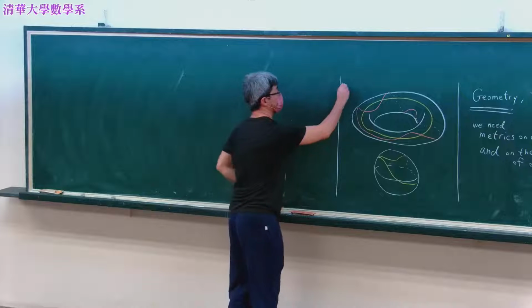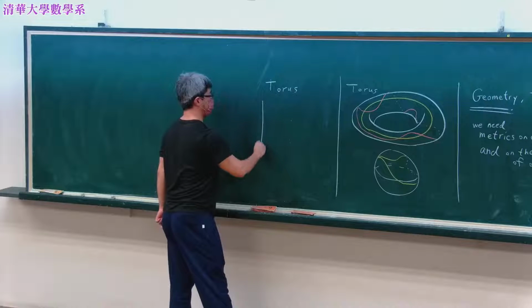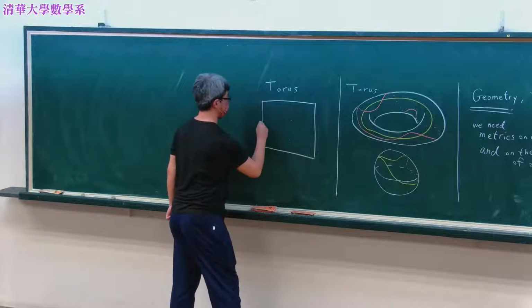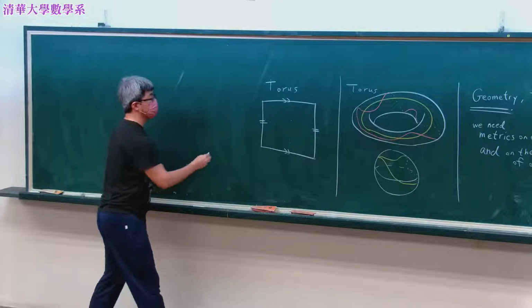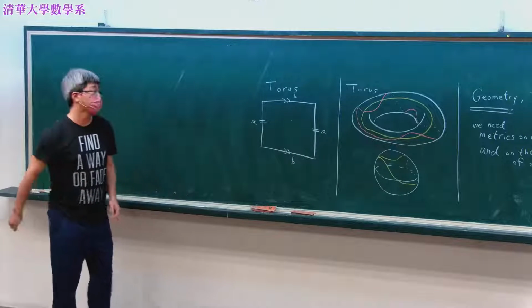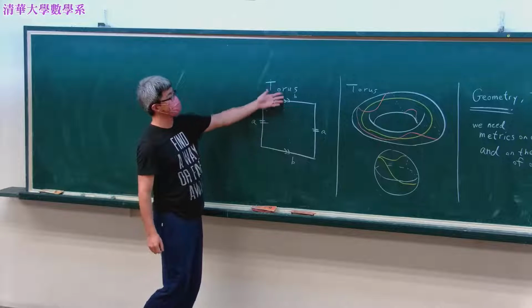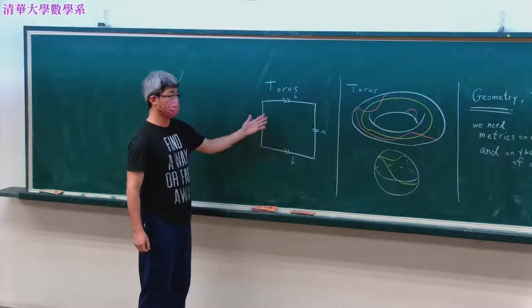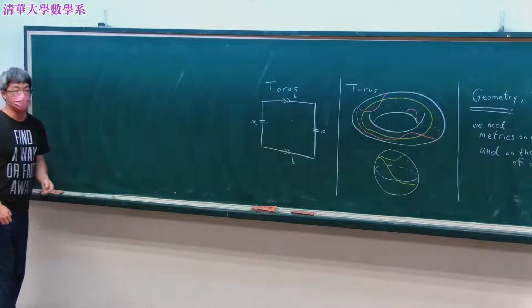This is a torus. This is also a torus. If you spend some time in algebraic topology ever, or maybe just in general spend some time playing video games, then you understand that on the video game screen, on the computer screen, if something floats off to the top and comes back in from the bottom, or if something goes out to the right and then comes back from the left, then you are playing a video game on a torus.